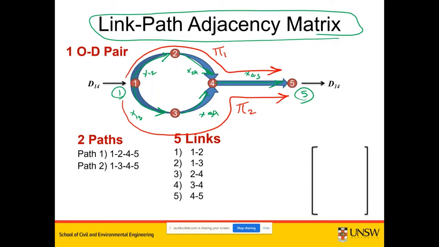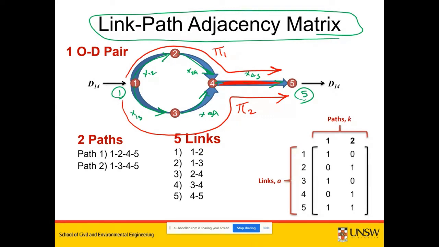Because, as we saw in previous examples, for example, link 4 to 5 belongs to both path 1 and path 2, right? So the whole idea behind putting together this new matrix called the link path adjacency matrix is to give us information about the structure of the paths and the links, that is, which link belongs to what paths. So each row represents a link and each column represents a path.